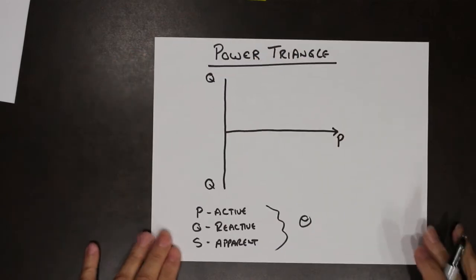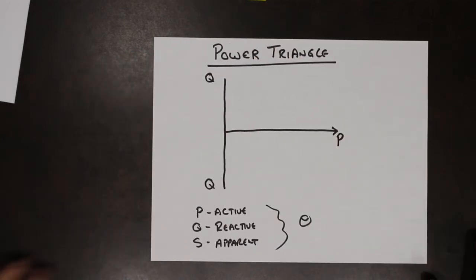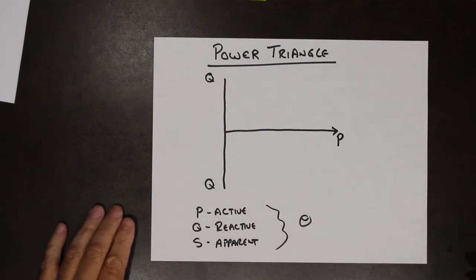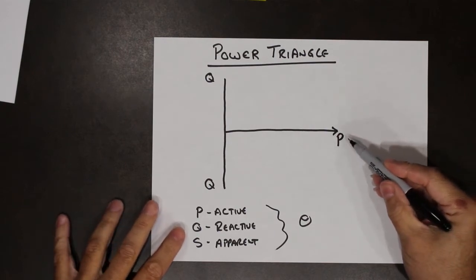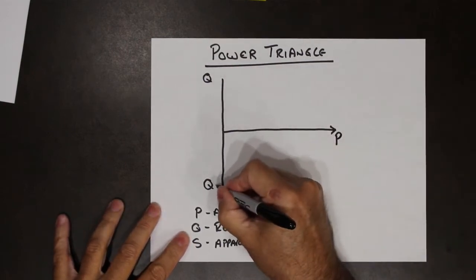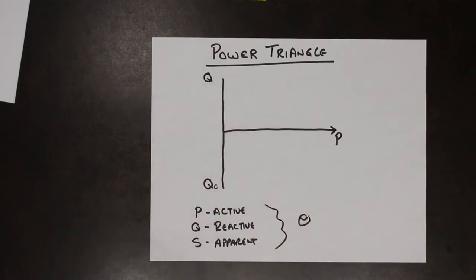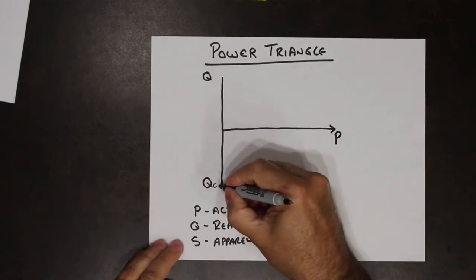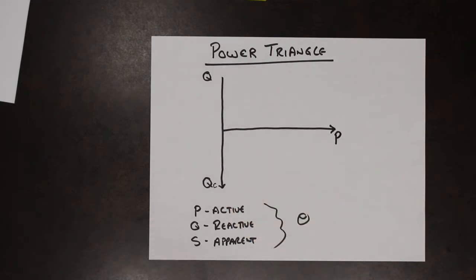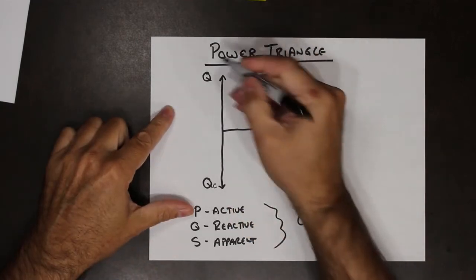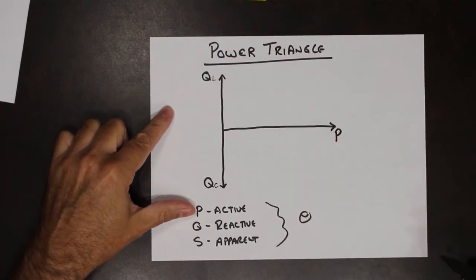Now, hopefully you can recall from AC circuits that if we are dealing with a capacitor, it is different than dealing with an inductor. So for powers, the capacitive phasor goes down and the inductive phasor is up.